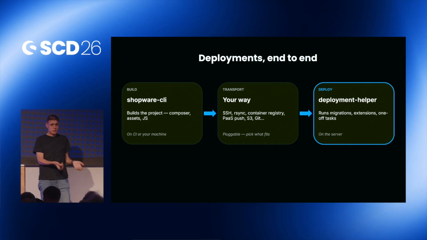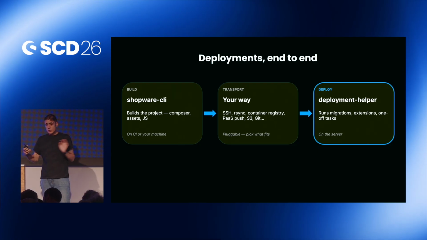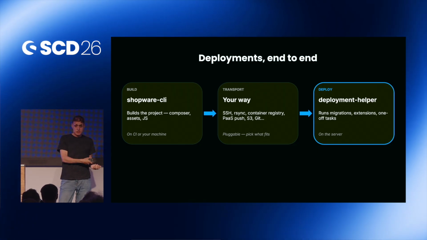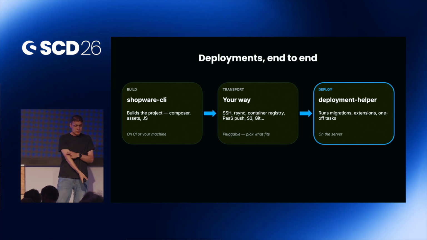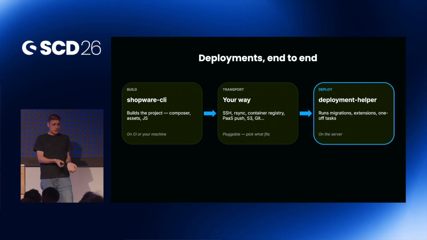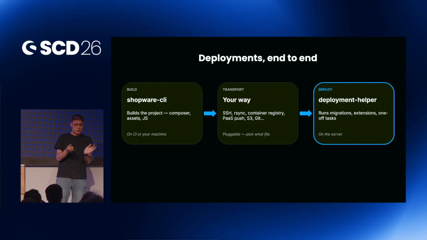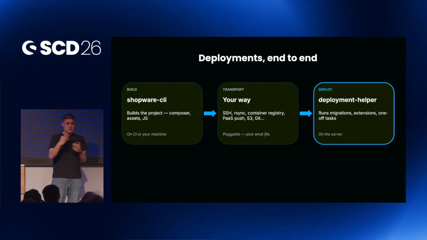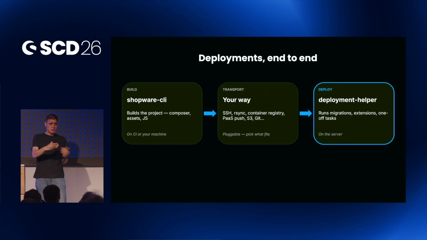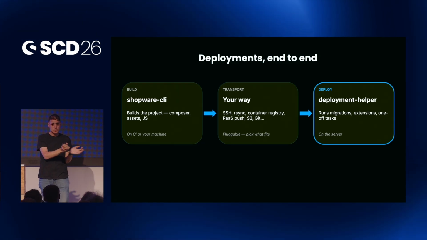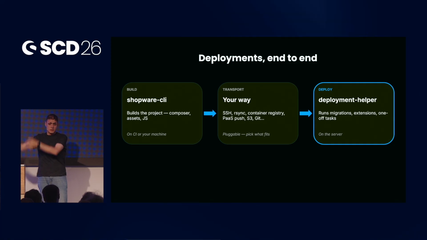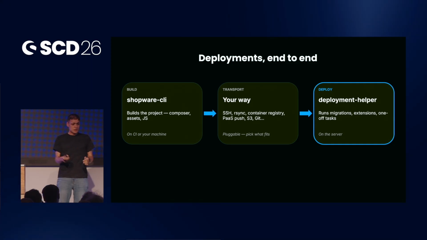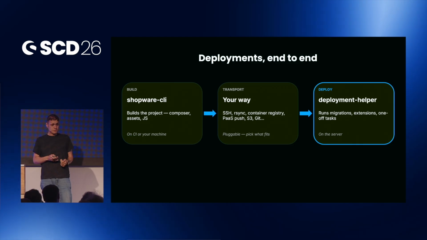So you run shopware-cli project ci, which installs all composer dependencies, builds the assets and so on. And when you have that, you have this middle layer, the transportation, which depends on where you host, because you have to get that built code to your server via SSH, rsync, Deployer, container, and so on. And on the live system, we run the deployment helper.